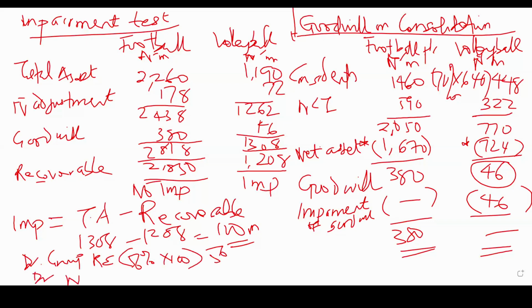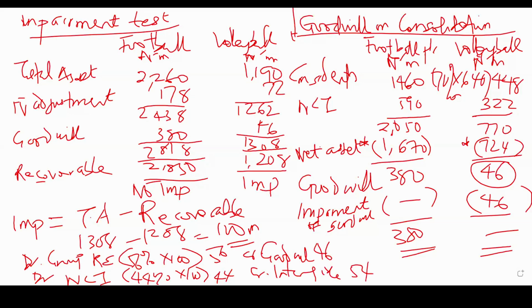We'll debit NCI, NCI is 44%. You collect 44. What do we credit? We are going to credit goodwill first, which we have done, 46 million. Now, what is left? The remaining will go to the intangible assets, 54 million. All right, is this clear?